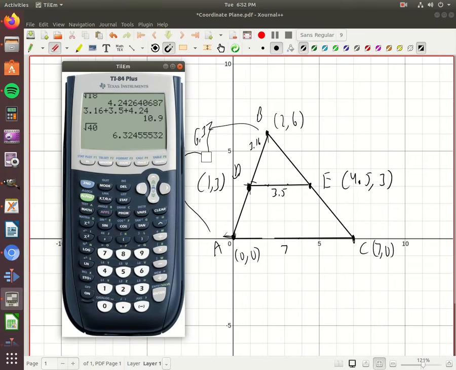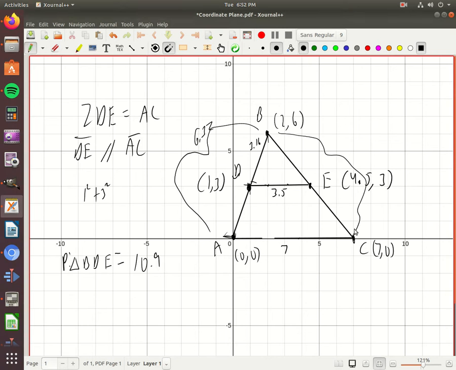So anyways, 6 squared is 36, and 5 squared is 25. So the square root of 61 is going to be 7.81. So the perimeter of this triangle, and again I need to fix this one because that's not right now, dang it.